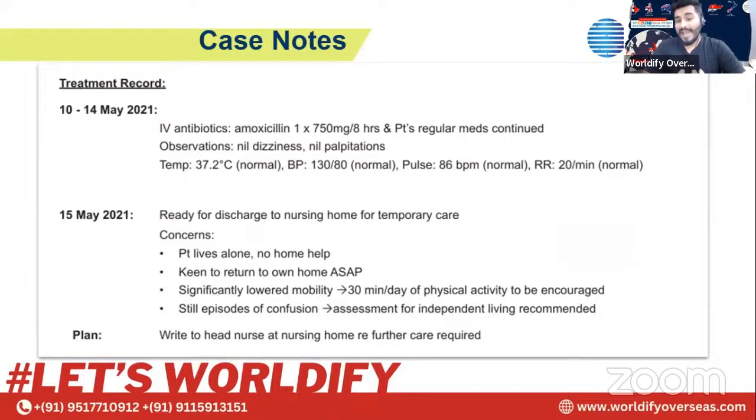The discharge plan, the day of discharge, is the most important thing in any discharge letter. So read the last part of the case notes, which is 15 May 2021: the patient is ready for discharge to a nursing home for temporary care. So the patient is going there for temporary care. And what are the concerns?